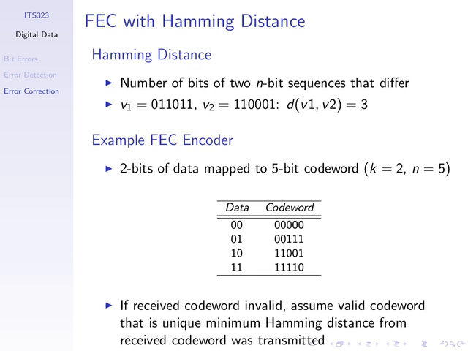We detected an error. And because that code word was close to one of our valid code words, we actually corrected that error and received the correct data. And then in the third case, we detected an error, but we didn't have enough information to correct that error.